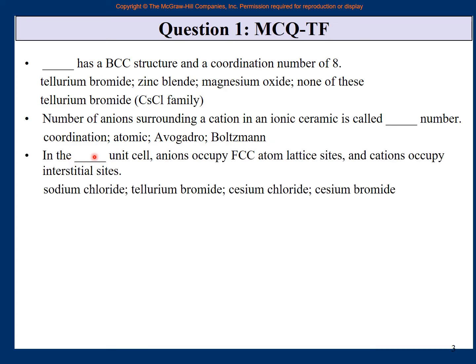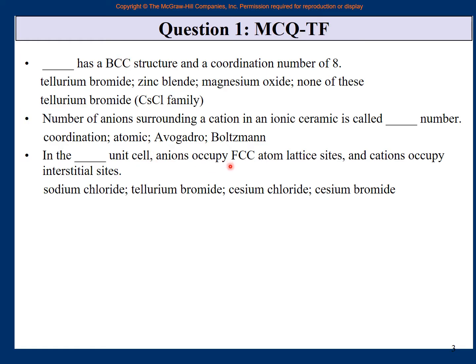In the dash unit cell, anions occupy FCC atom lattice sites and cations occupy interstitial sites. So again, right, there were only 3 families, the cesium chloride, the sodium chloride, and the zinc blend. So the cesium chloride was BCC already, right? Cesium chloride was BCC.